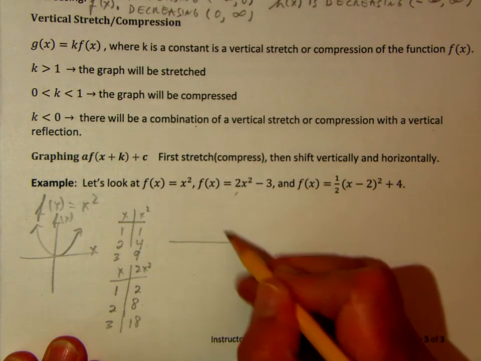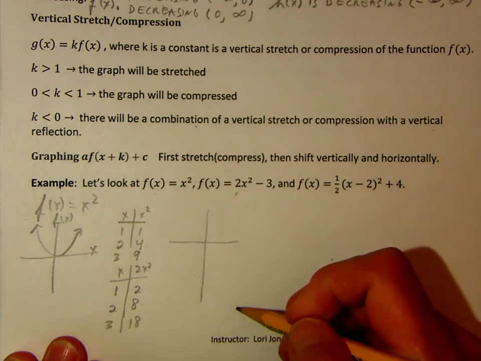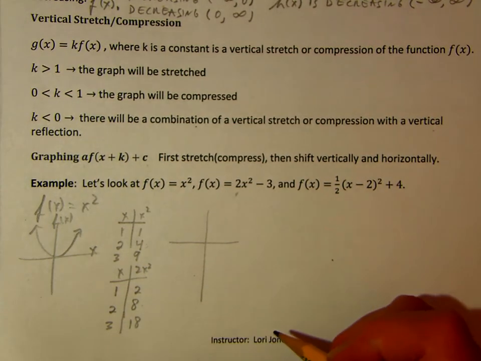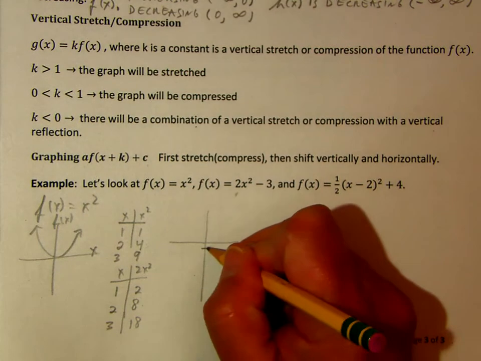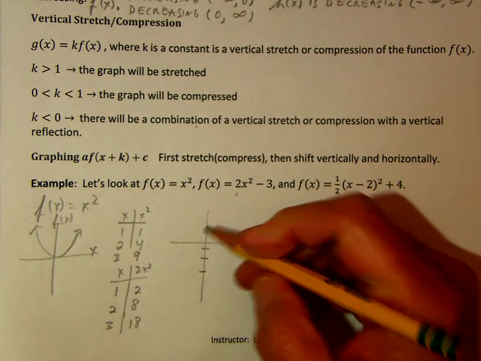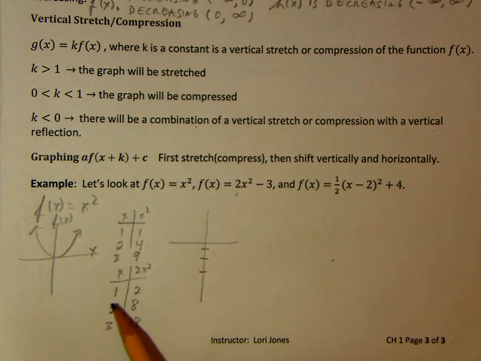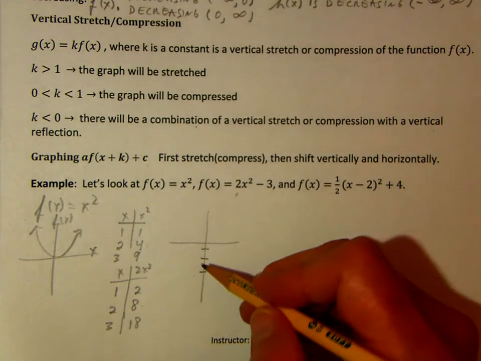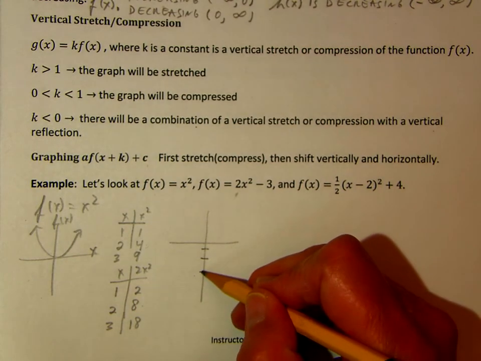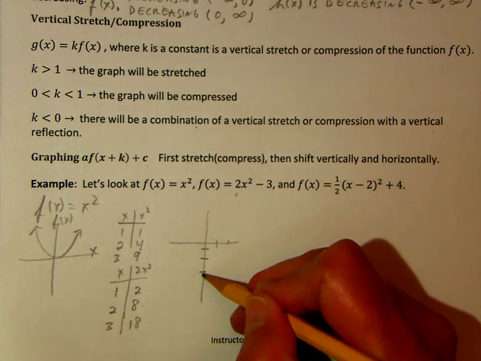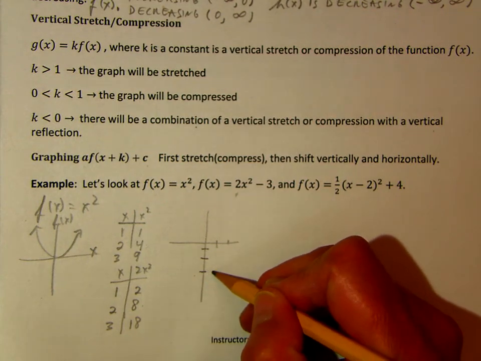So I expect this will look something like, let's see. From 1, I would hit 2. So over 1, I would be 2 up.